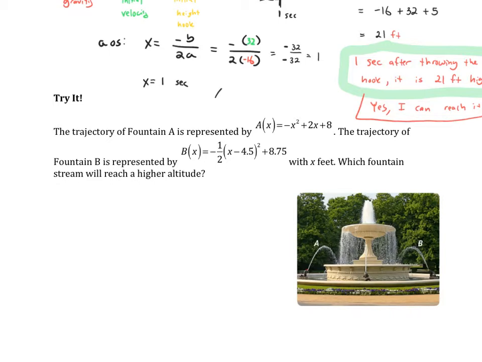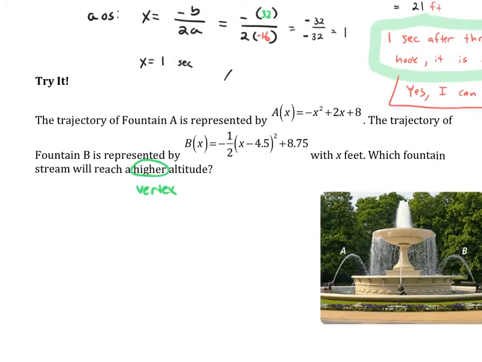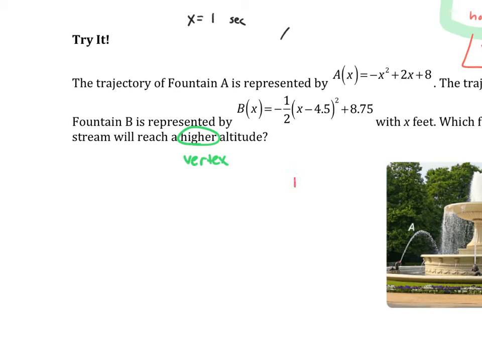So again, because the question is asking about a higher altitude, we ultimately know that this is our friend, the vertex. The vertex. Well, let's actually start with B, because B is much easier to consider, because this is already in vertex form, which means this puppy right there is my H, and this one right here is my K. So the vertex, we know, is at positive 4.5, whatever that unit is, and then 8.75 is the height.